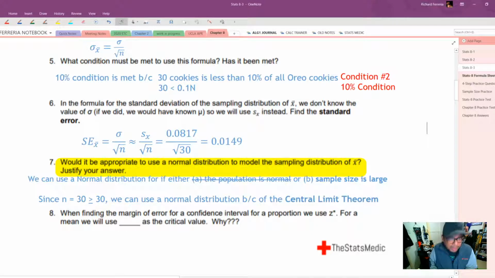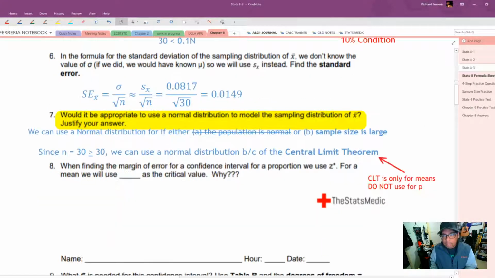The central limit theorem. There's a common misconception here that anytime you have a sample size greater than 30, you're just going to say central limit theorem. And that is wrong, because the central limit theorem is only for a mean. Do not use the central limit theorem if the question is about p.